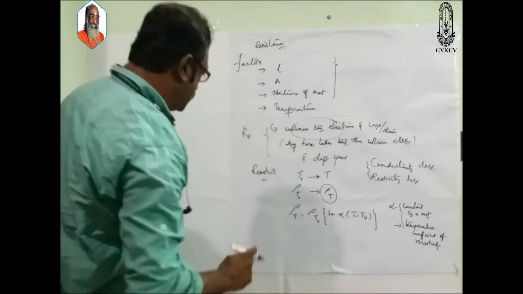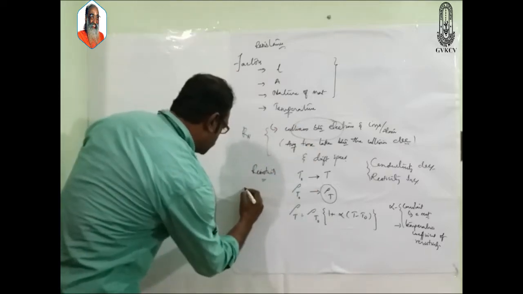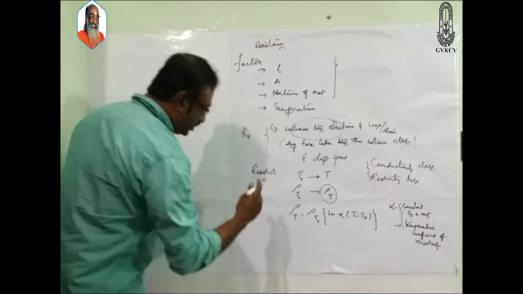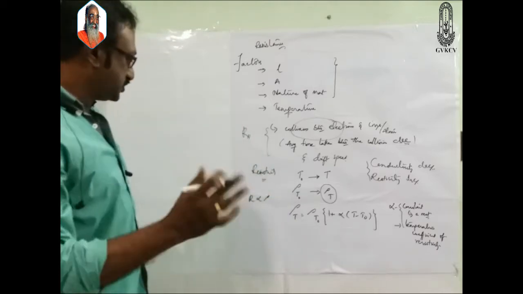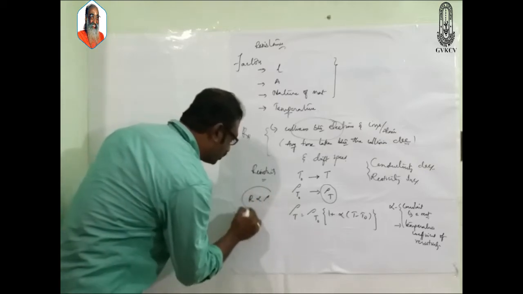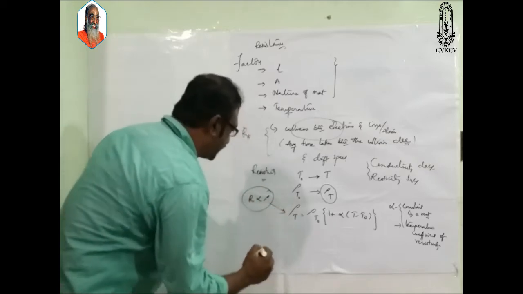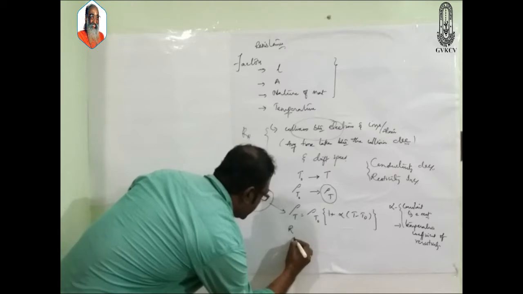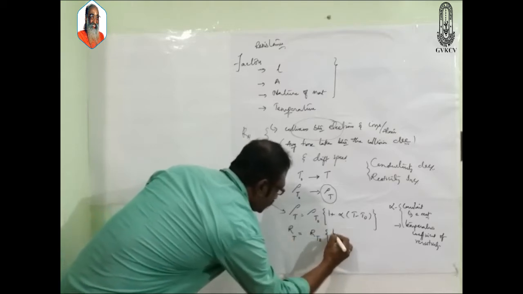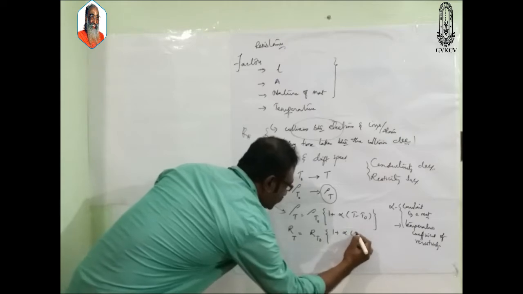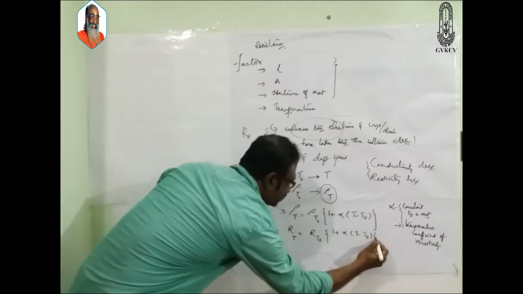And we know from the expression R is equal to rho L by A that R is proportional to rho. Because R is proportional to rho, we can change this expression as resistance at T is equal to resistance at T0 into 1 plus alpha into T minus T0.